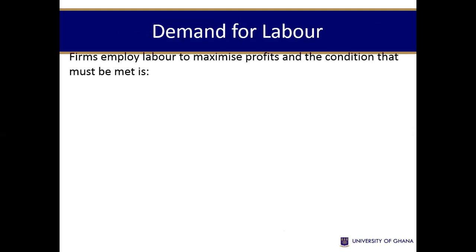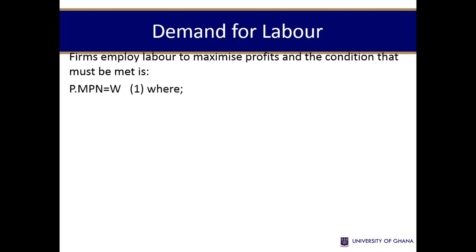So firms want to maximize profit. Whatever a firm does is because it wants to maximize profit. So their job is to get the ideal units of labor that can help them maximize their profit.